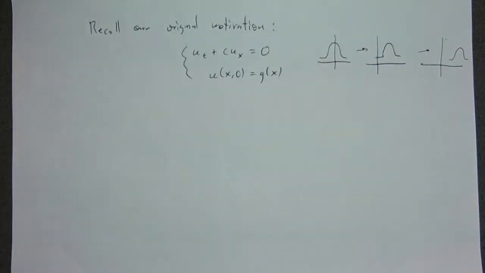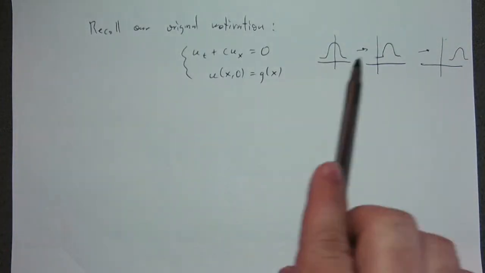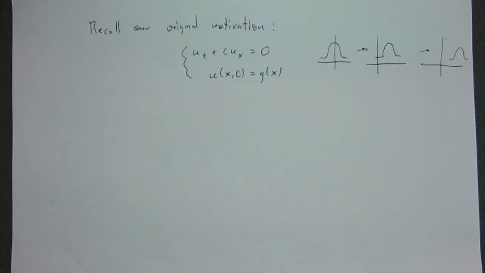We saw in the variable speed example that the shape was altered as it propagated to the right, but it was altered in a way that was not what we were trying to model with waves breaking.